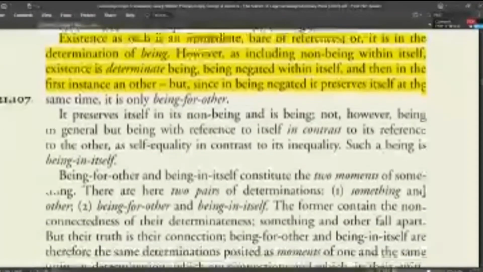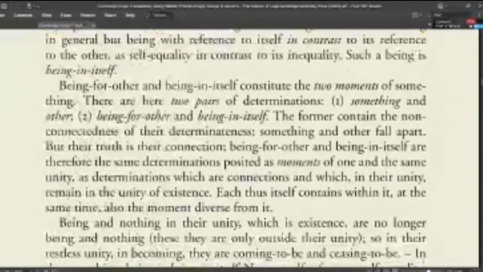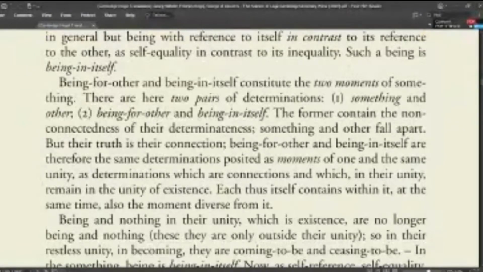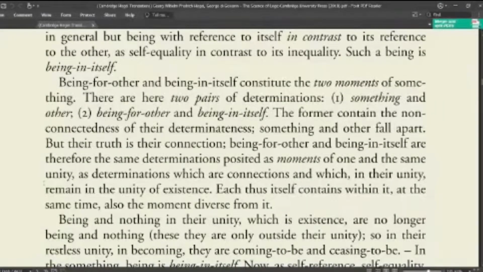So being in itself, being for other, and being in itself constitutes the two moments of something. They are here two pairs of determinations. One, something and other. Two, being for other and being in itself. The former contain the non-connectedness of their determinateness. Something and other fall apart. But their truth is their connection.